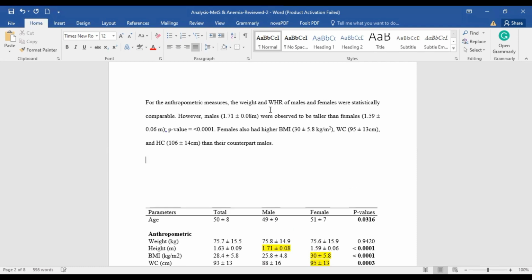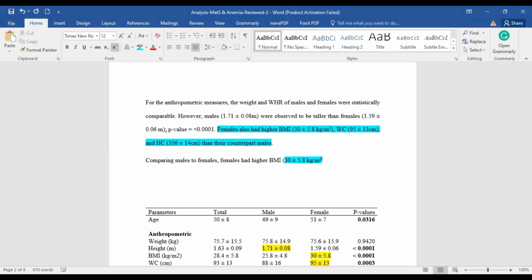Let me do it. So I'm doing this part again. I'm changing this part and writing it in a different way. So comparing males to females, females had higher BMI. So here we put this one.